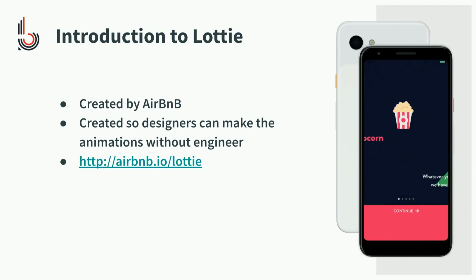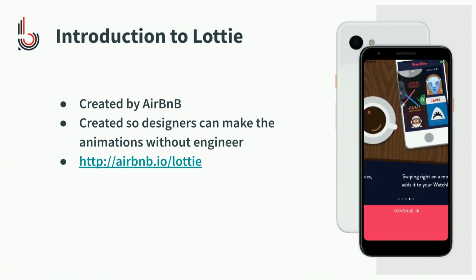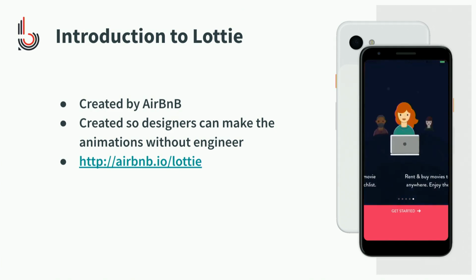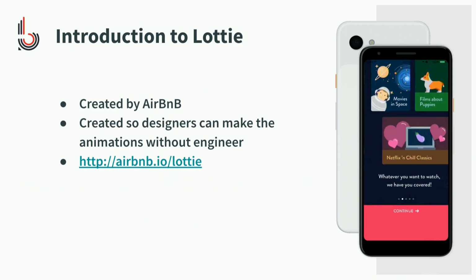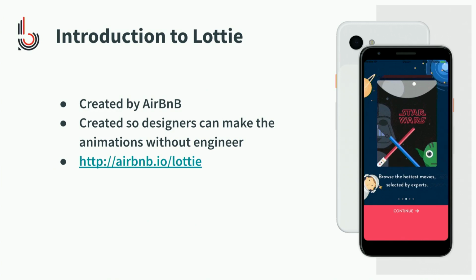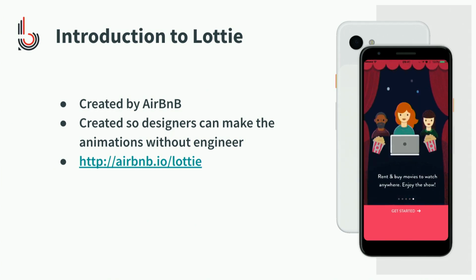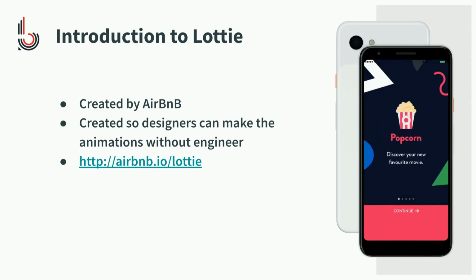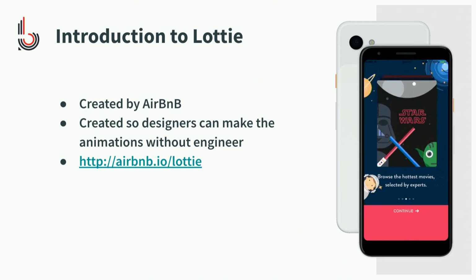So what Airbnb thought is that we want to have really amazing apps that perform well, that have all these animations and transitions from one screen to the other, and we want to hand over that work from a developer to a designer, because the designer actually knows what he wants from the animation, how it should look, the colors, the effects.